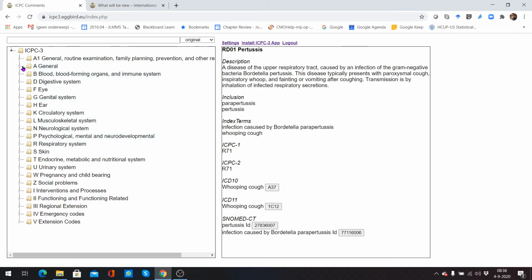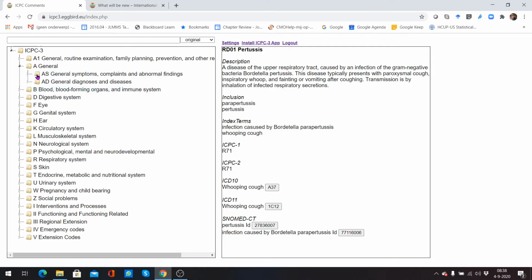Chapter A is organized in the same way as chapters B to W. However, chapter A contains symptoms and diagnoses that cannot be linked to one system or are linked to more than 2 body systems.